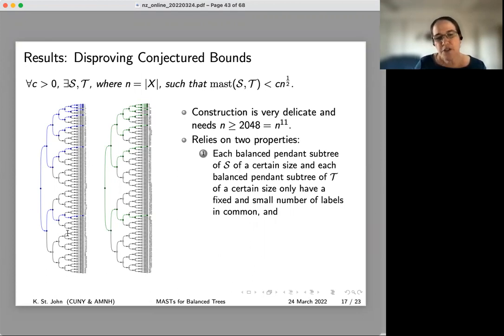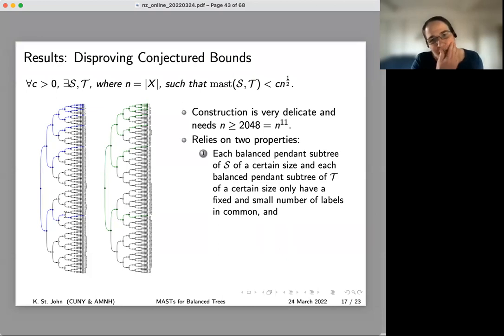So once you leave a pendant subtree, you end up having to throw away many, many labels that you can't make the structure with, because if two things are a sibling pair in one tree, they must be the sibling pair in the other tree.